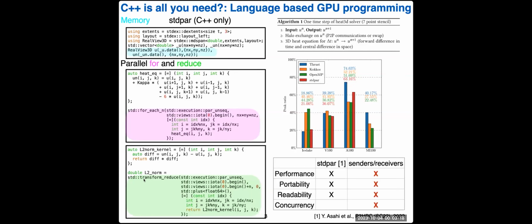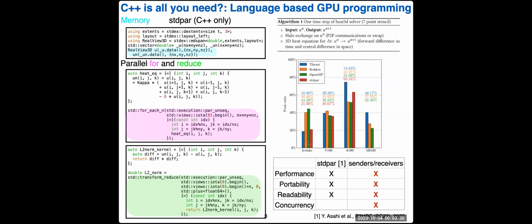And for reduction, we use the transform_reduce. And we just define the heat equation using a lambda, and with mdspans, these are quite readable and quite similar to what you may program with Fortran, for example. And actually, in addition, the performance is also good.